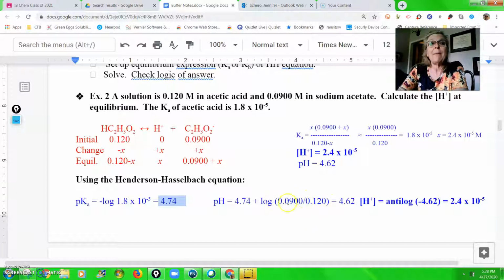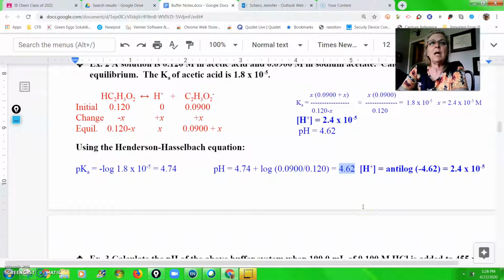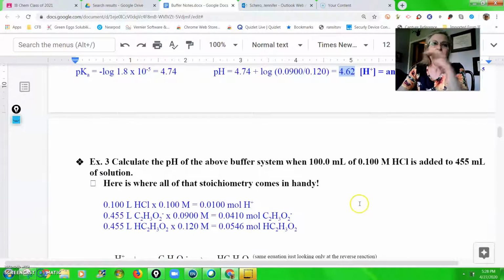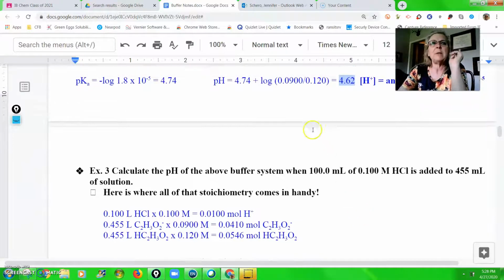You have to do that math first before you take the log of it. And so then you end up with 4.62, which is exactly the same pH. So the Henderson-Hasselbalch equation works really well, and that's the one we're going to try to use throughout. If you forget and you start to use a RICE table, please, it's okay. Use a RICE table.